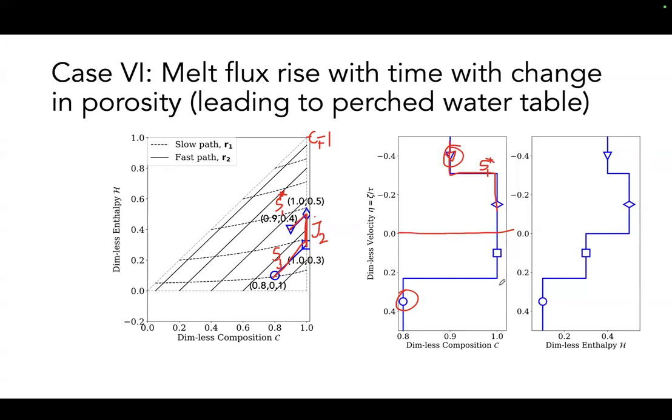You can see that we have reached C equals 1. So if C equals 1 is reached, it means our hyperbolic wave theory, or our method of characteristics, fails.